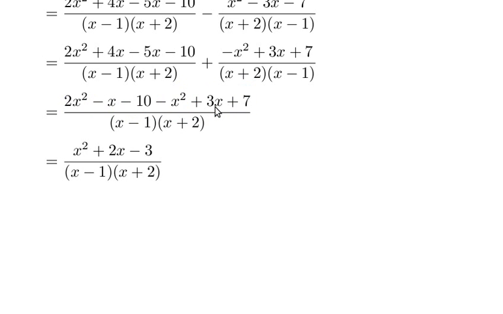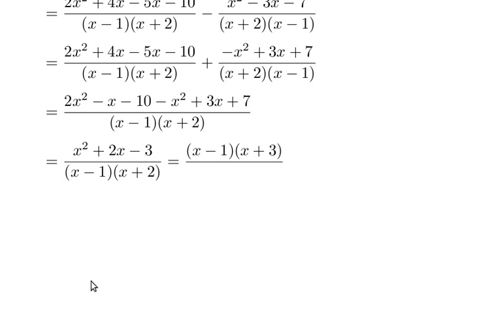So now we think, is there any way that we can factor this out? Well, it can be factored out to negative 1 and positive 3. So x minus 1 times x plus 3. Because these two things multiply to make negative 3, and they add to make positive 2.